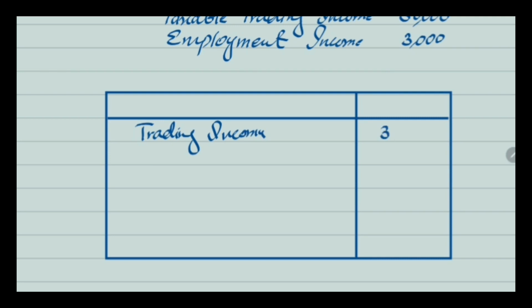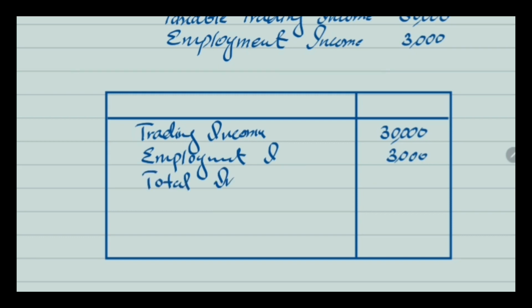That is 30,000. Then we need to record employment income. That is 3,000. And the total income of that individual would be 33,000.